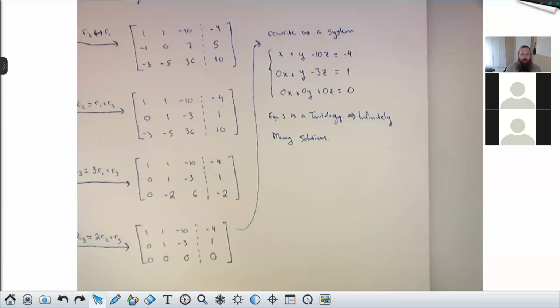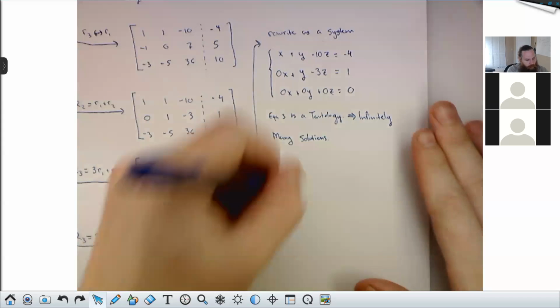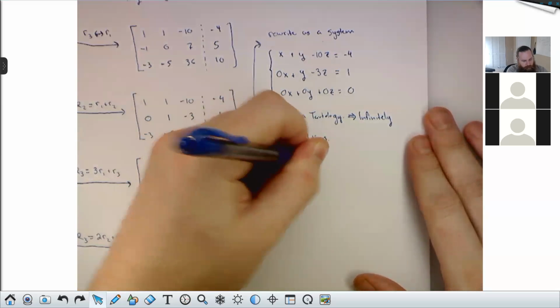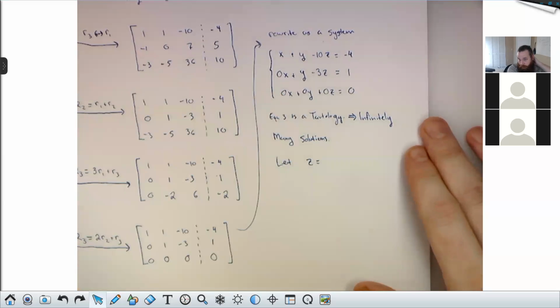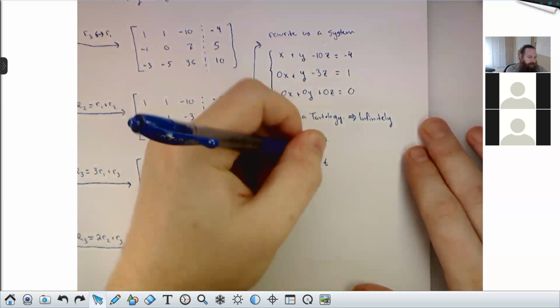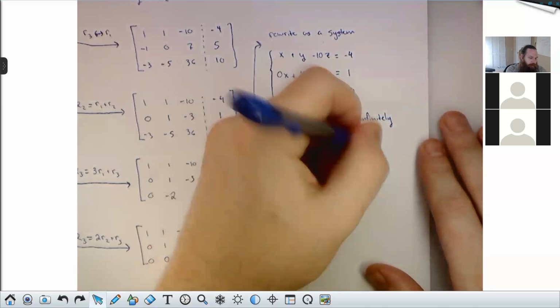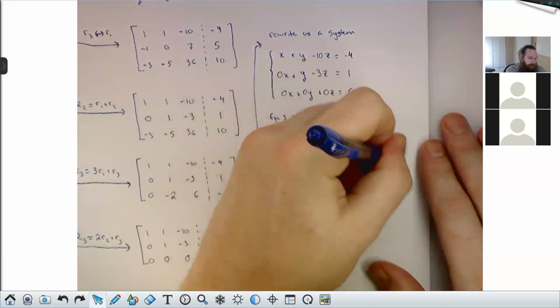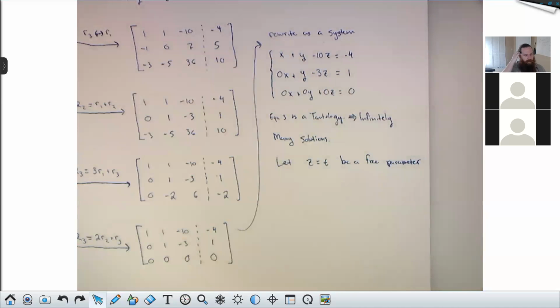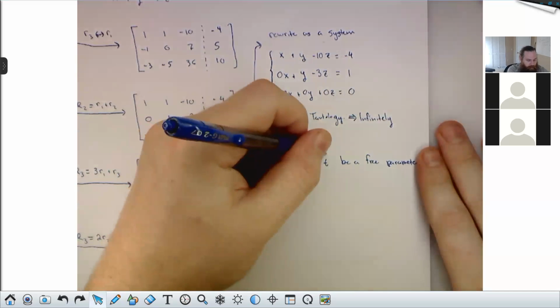How do you handle this? Well, some people would just say let z be a free variable. The notation your book uses says let z equal t, be a free parameter. And then you solve everything else in terms of that. So z is just equal to t.